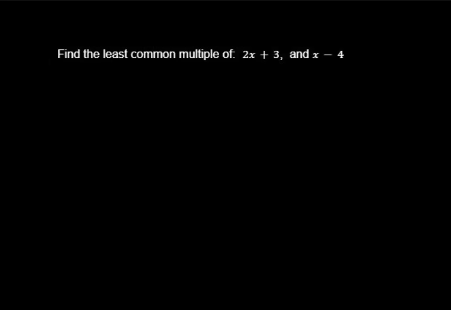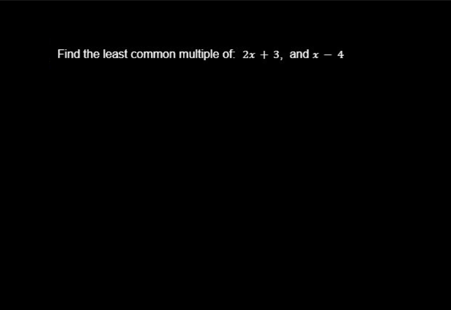Okay, in this one, now we have 2 binomials for the least common multiple. So going through, we need to make sure we can't factor it first. So 2x plus 3, there's no common monomial in both terms, and because there's no exponent, we can't factor it. Same thing with x minus 4.